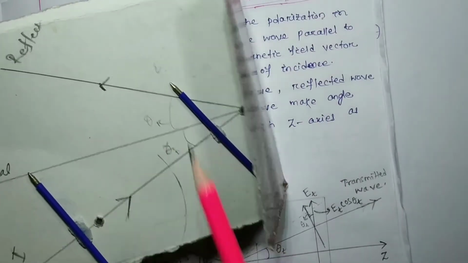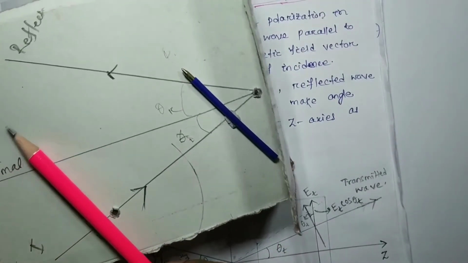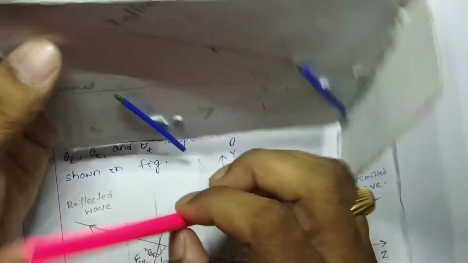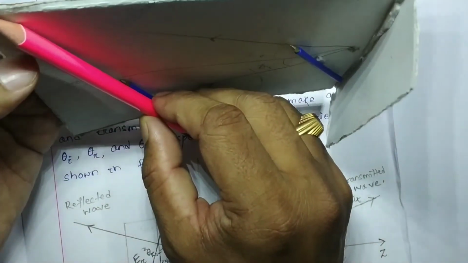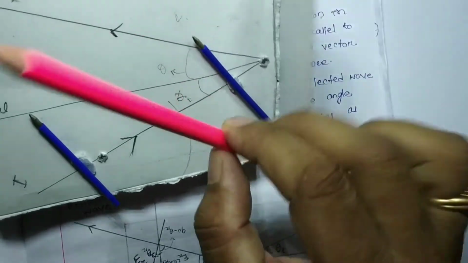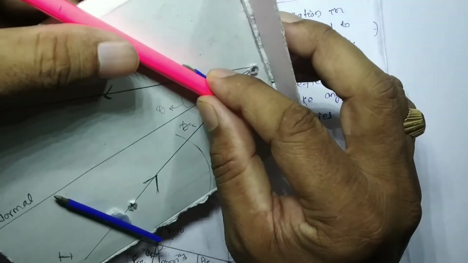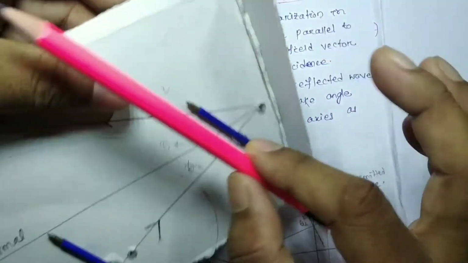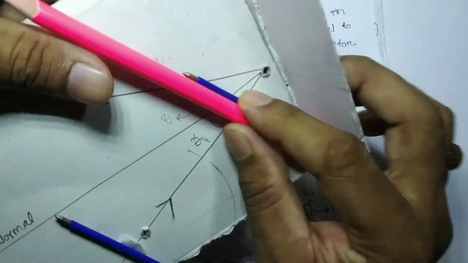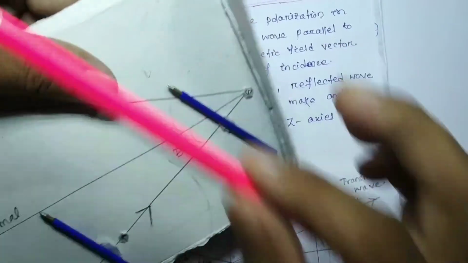So if this is parallel to the plane of incidence and moving towards the interface, when it just touches the interface, it is not exactly tangential to this interface, but it will have a cos theta component.